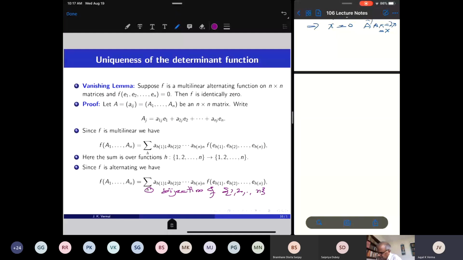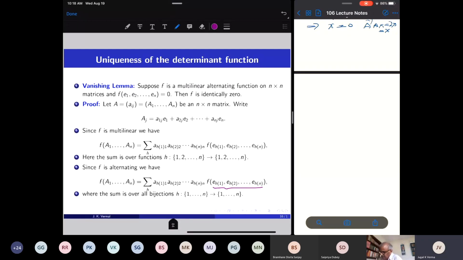Take a bijection of 1 up to n, and then I will get this sum. So this sum is over all the bijections. So f is operating on a matrix which is obtained from the identity matrix by permuting the column vectors.